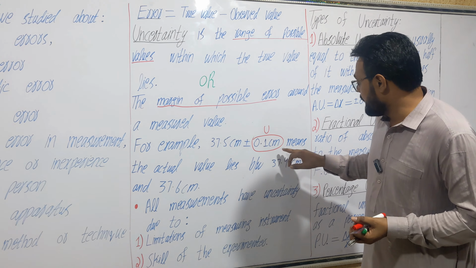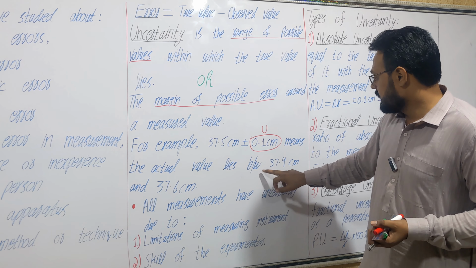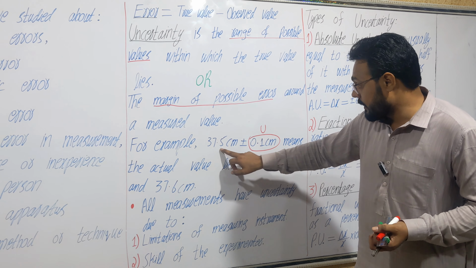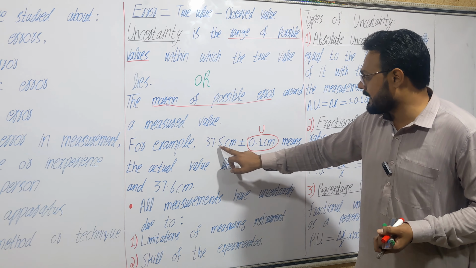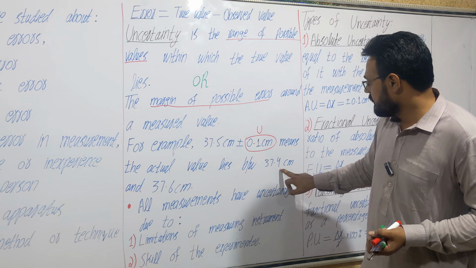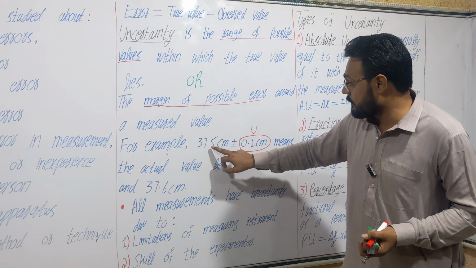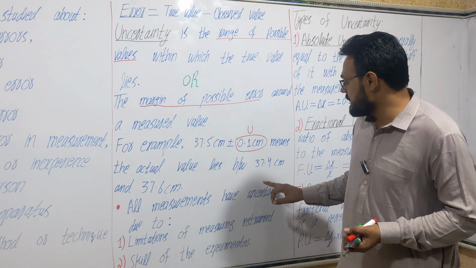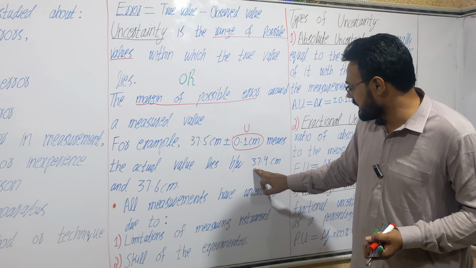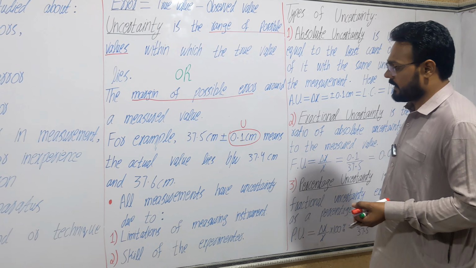So in this example, the actual value lies between 37.5 minus 0.1, which gives 37.4, and 37.5 plus 0.1, which gives 37.6. So the actual value lies between 37.4 and 37.6 centimeter.